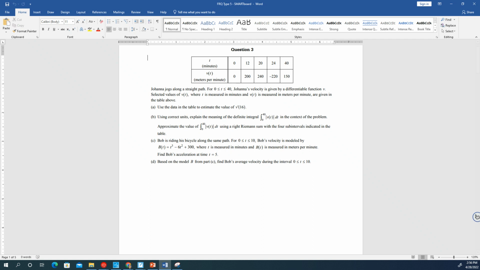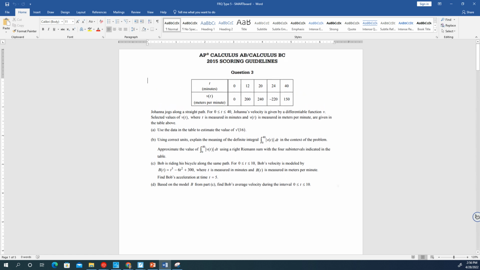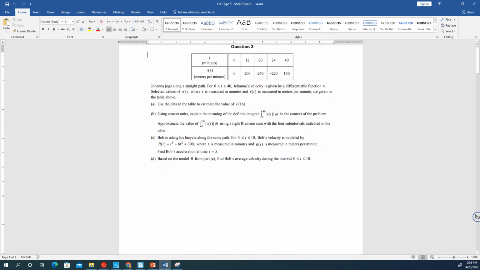Okay, so the first one we're going to try is a no calculator one from the 2015 exam. Joanna jogs along a straight path. For 0 to 40 for her time, Joanna's velocity is given by a differentiable function v. Selected values of her velocity, where t is measured in minutes and v of t is measured in meters per second, are given in the table.